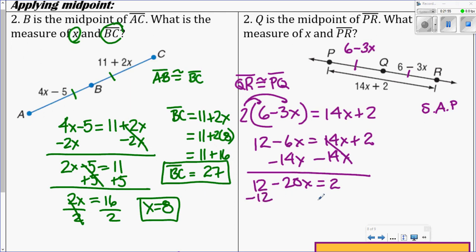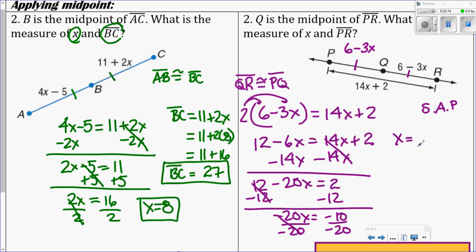Subtract 12 on both sides: negative 20x equals negative 10. Divide by 20 on both sides. Since the zeros cancel out and negative divided by negative gives a positive, we have x equals a half.